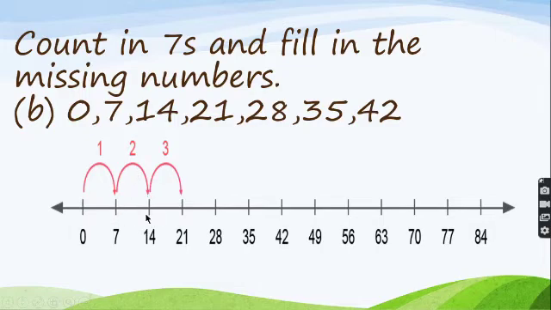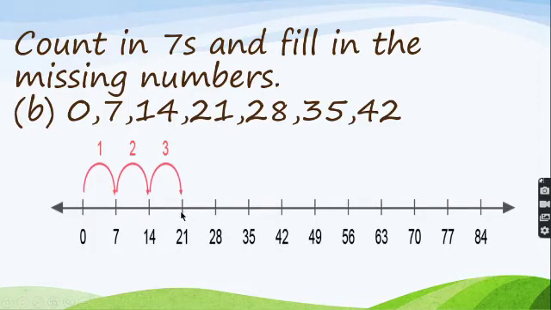So you land on 14, and we write 14 here in the missing numbers. Next, when you jump from 14, or in other words, when you add 7 to 14, you get 21. So you land on 21, and we write 21 here in the gap.